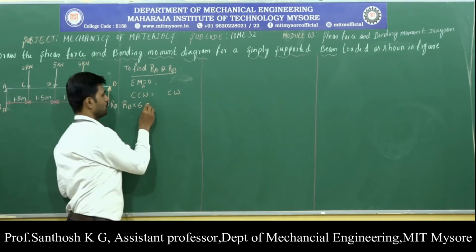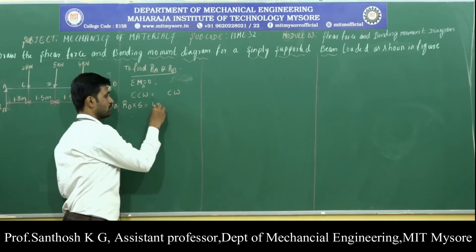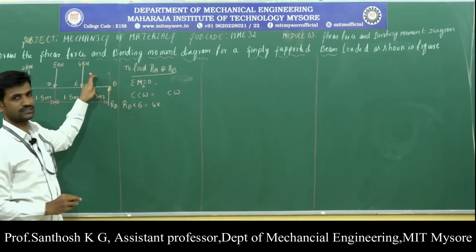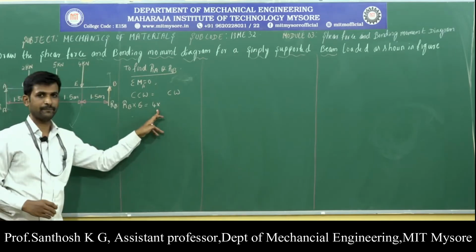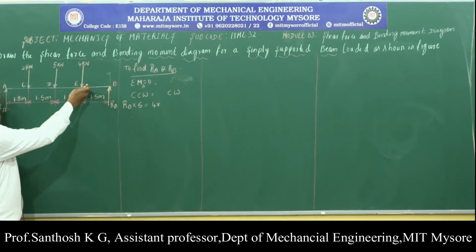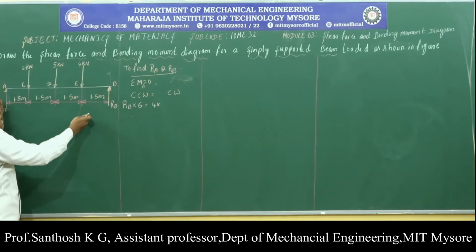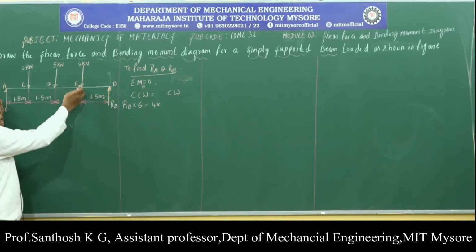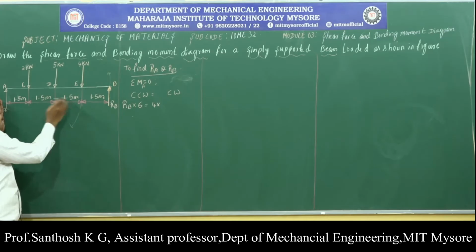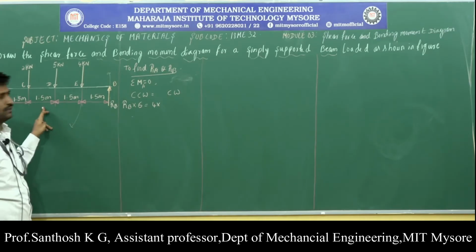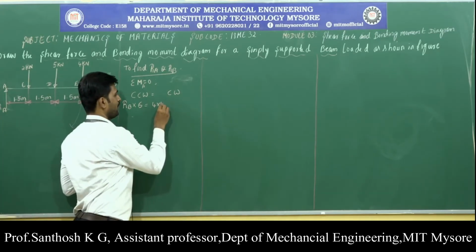So the moment due to the 4 kilonewton force will be equal to 4, which is the force, multiplied by the perpendicular distance of this force from point A. The perpendicular distance between the point E and A is 3 times 1.5, which is 4.5.